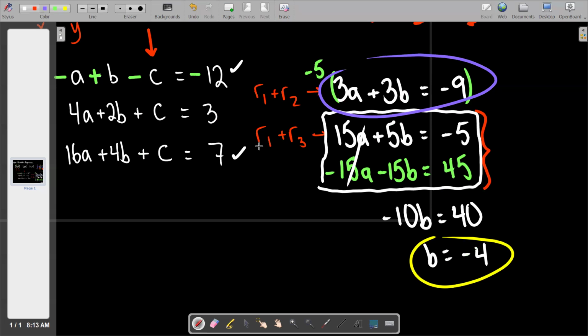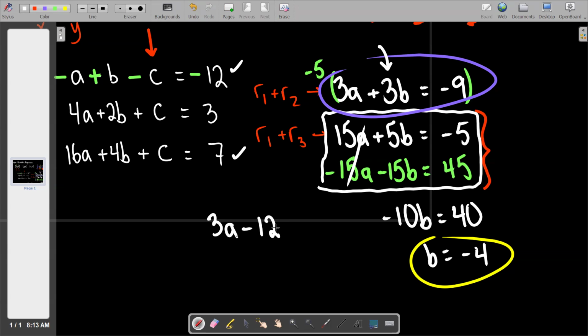So I'm going to use that equation and I'm going to change the B into -4. And it's going to say 3A. What's this going to be right here? -12, right? Because the B is not there anymore.